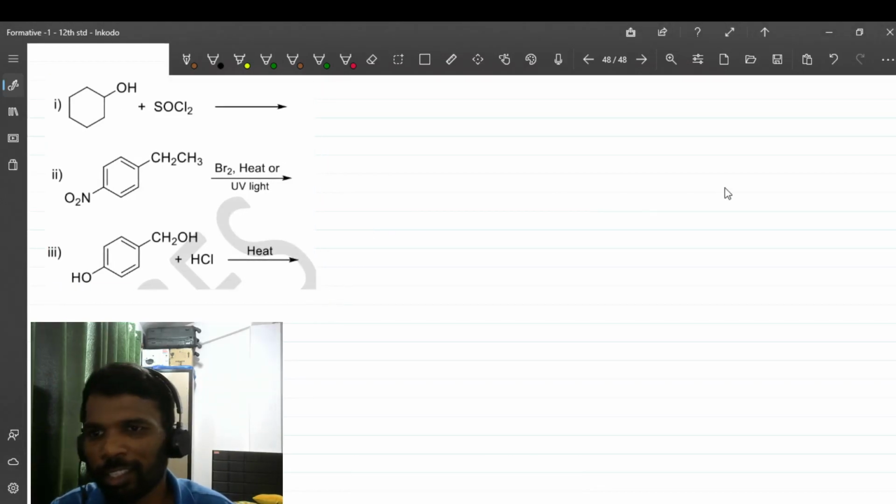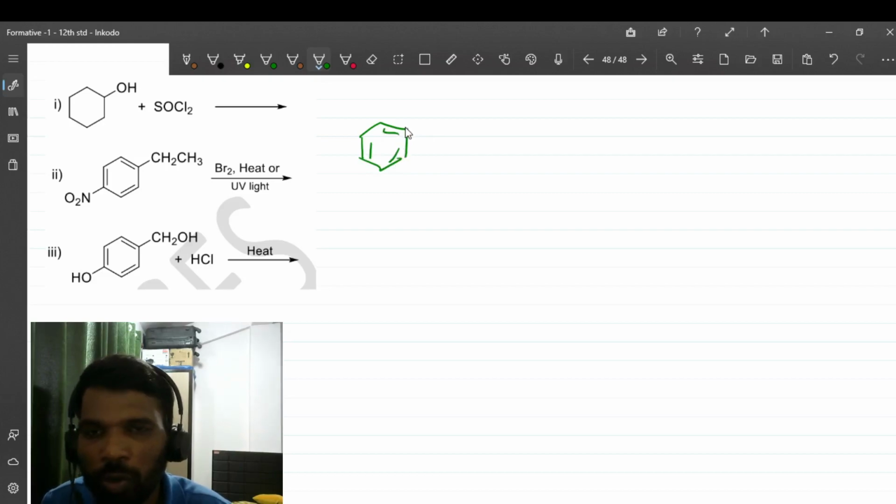So here, this is a very good question to understand. There is this compound given. There are two OH groups, two alcohol groups are there. Remember this point.